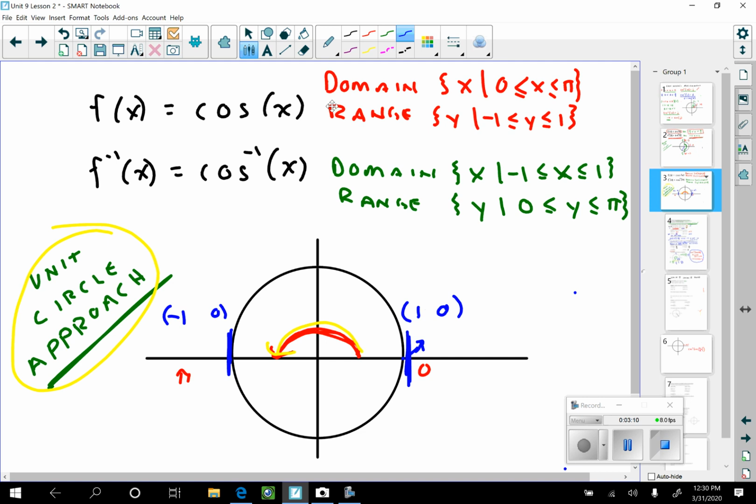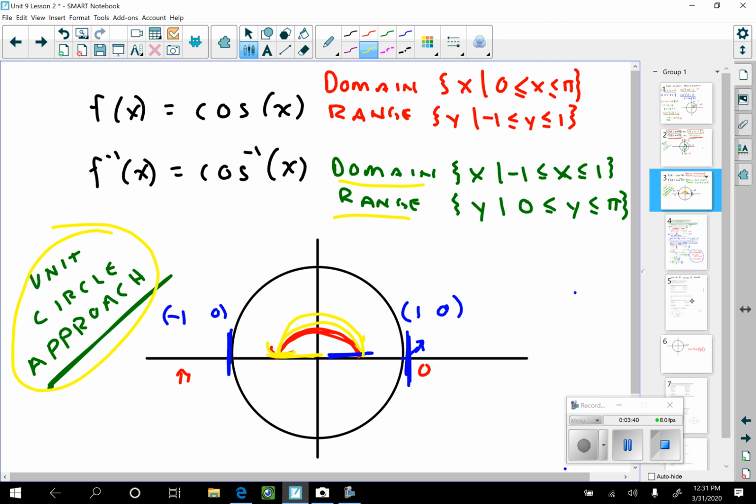The input of cosine we restricted from 0 to pi, and we encompassed the entire range of cosine by restricting to 0 to pi. And that tells me right away, because the domain becomes the range and the range becomes the domain, that the domain of the inverse cosine has to be between -1 and 1.